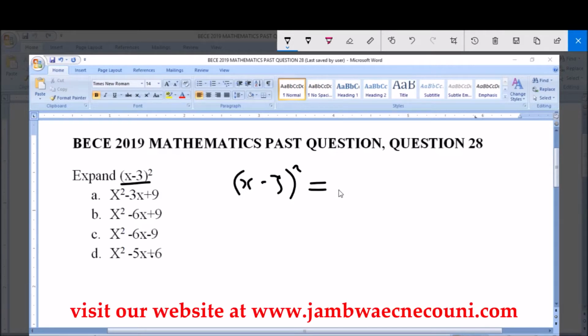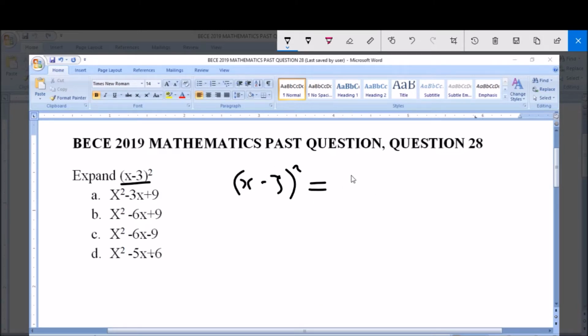So we have to remove this square by opening this bracket. So therefore we have (x minus 3)(x minus 3). Now this is the same thing as saying (x minus 3) squared.